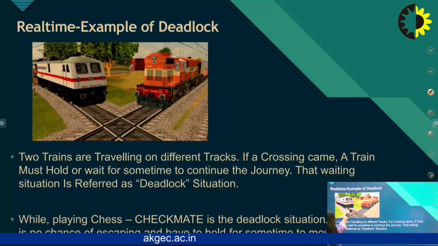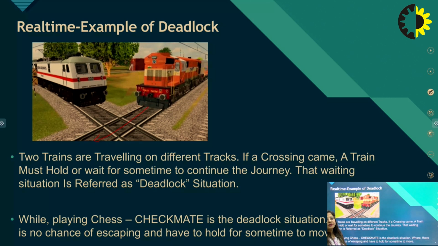If they come to the crossing at the same time, a train must hold and wait some time before continuing the journey. The waiting situation is referred to as the deadlock situation.